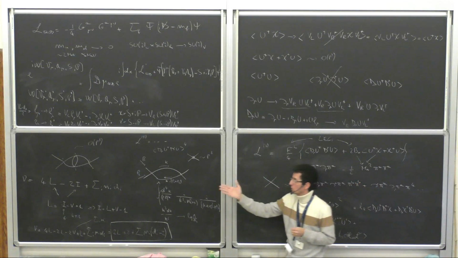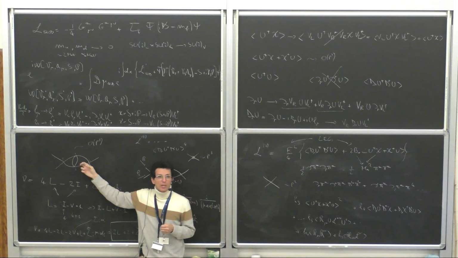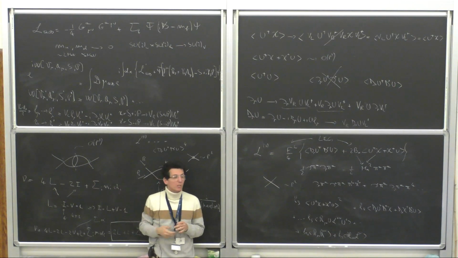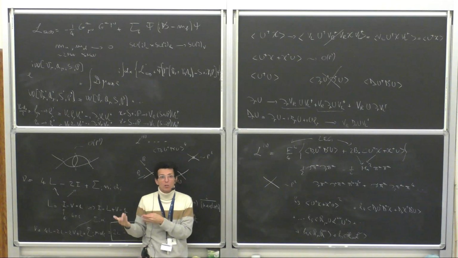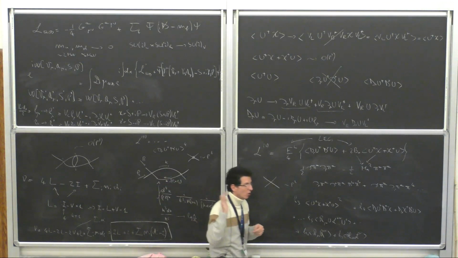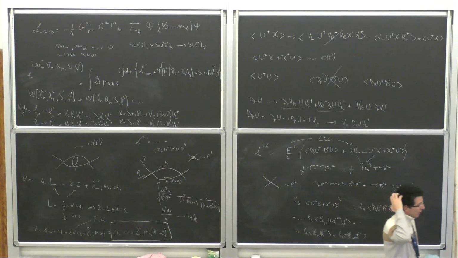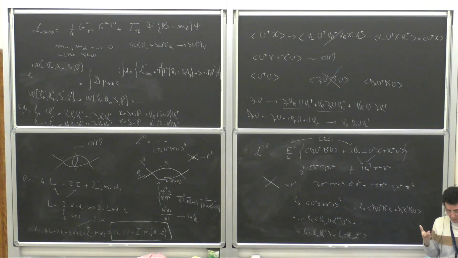For instance, these three loop diagrams would not be part of the theory at next to leading order, at order p to the 4. So the theory is order by order renormalizable, provided one decides to ignore all contributions involving more powers of momenta.